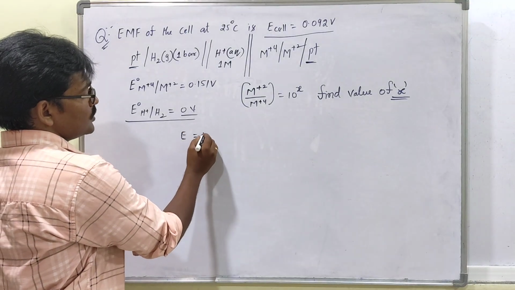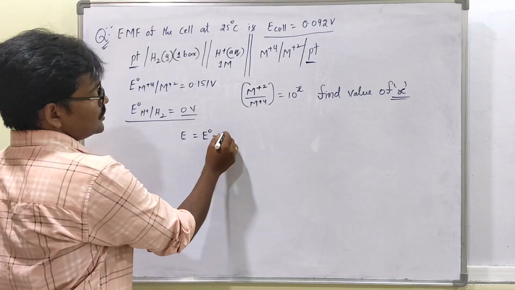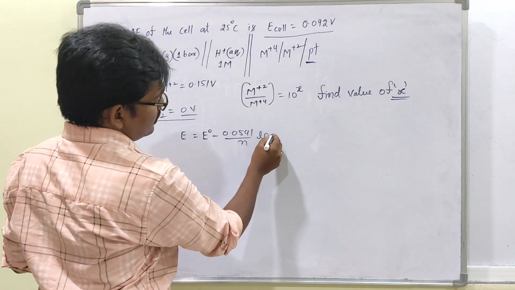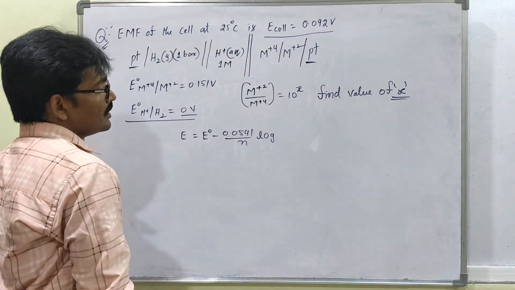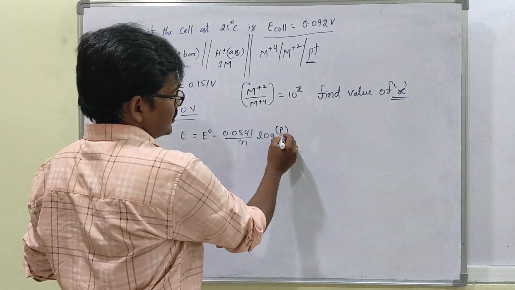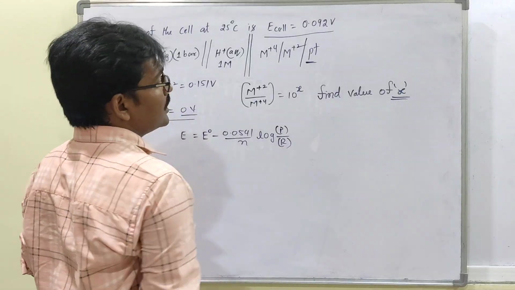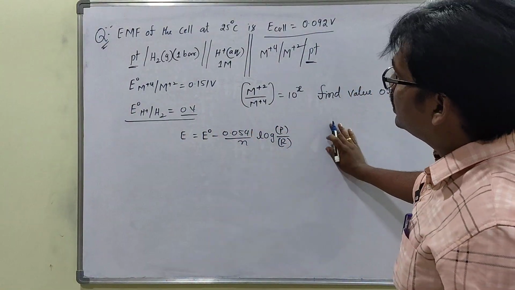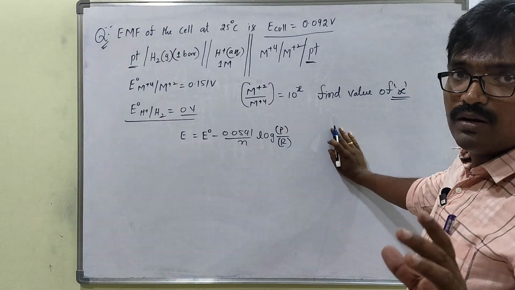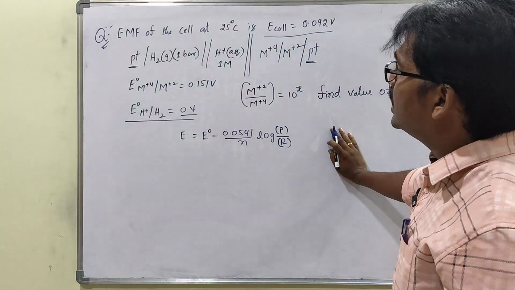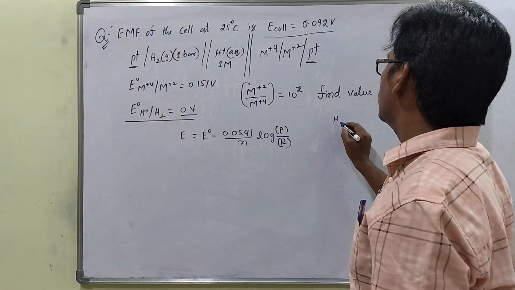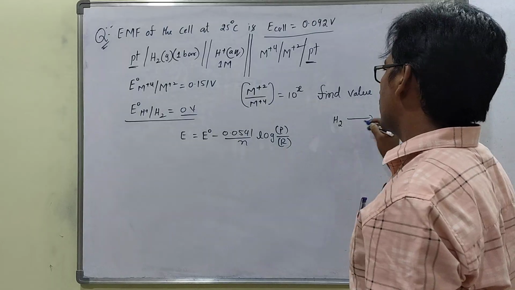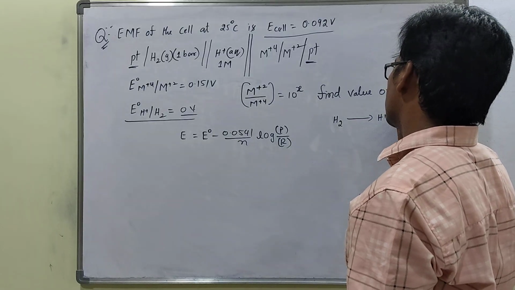E cell is equal to E0 cell minus 0.0591 divided by n log, product concentration divided by reactant concentration. To know the product or reactant concentration, as I told, you must know the cell reaction. So cell reaction, first the hydrogen electrode, that is H2 gives rise to, so that is anode, oxidation takes place, H plus plus 2 electrons.